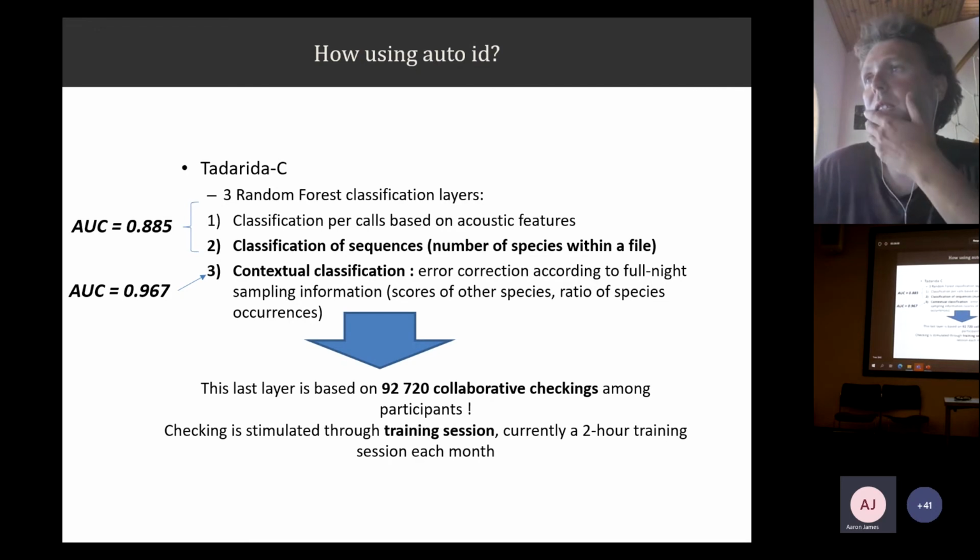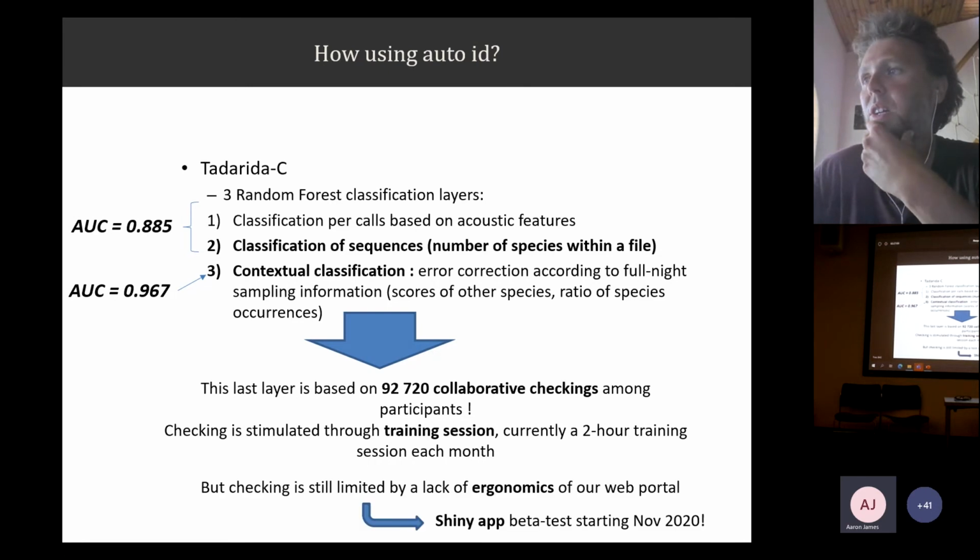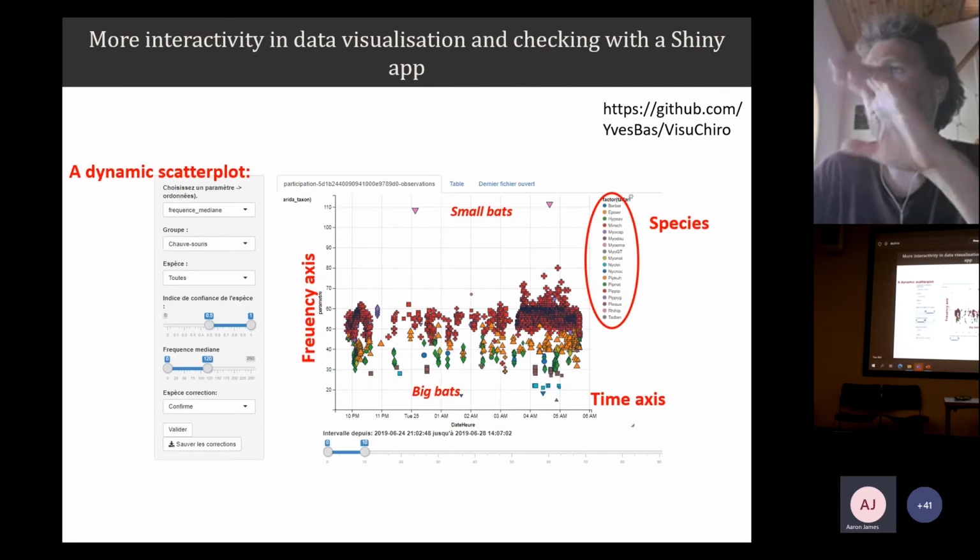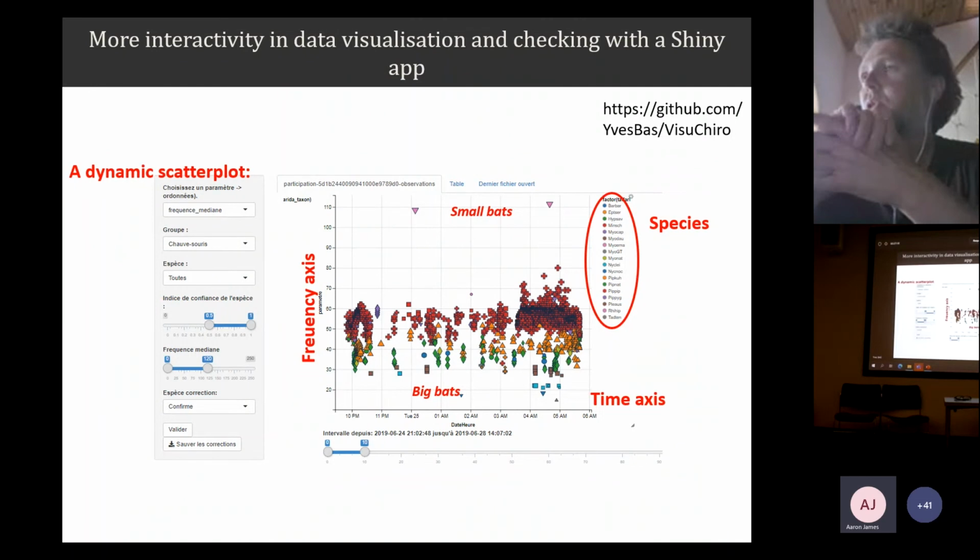And this is fed by a lot of collaborative checking among participants, and we provided a Shiny app for the participants to stream collaborative checking. In this Shiny app you can see the history of detections of bats or bush crickets during the night.